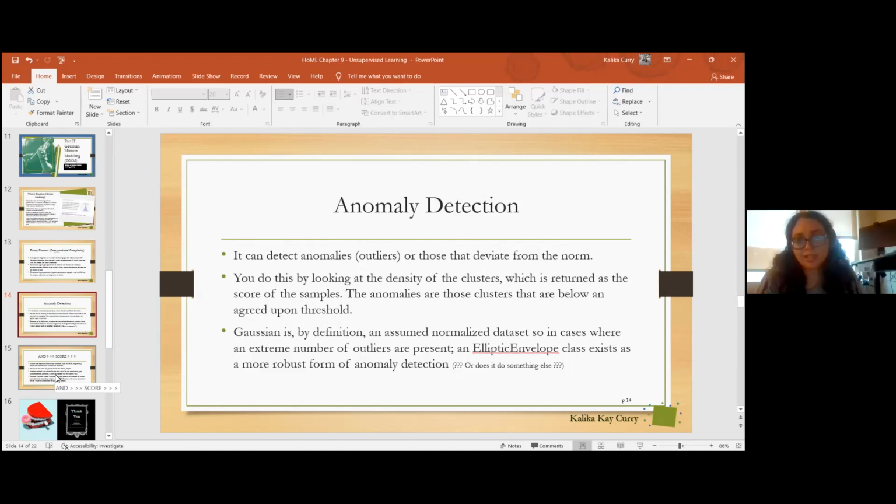I think one of the things Aurélien mentioned, and I'm pretty sure it was here, was that he was using anomaly detection for data cleaning, getting the outliers out of your data so that you can then go off and use it for your data modeling needs, since outliers are such a burden on our predictive models.